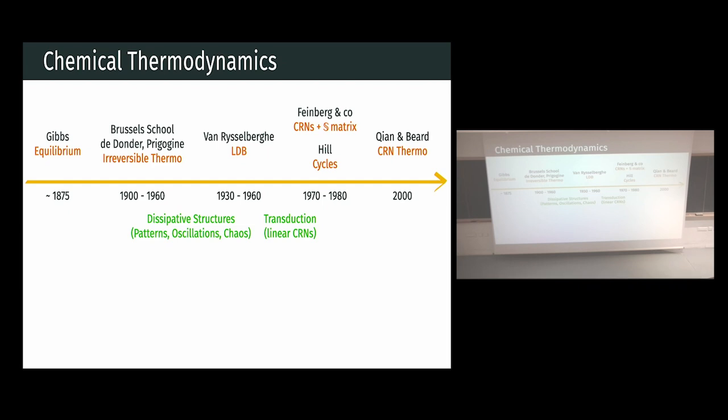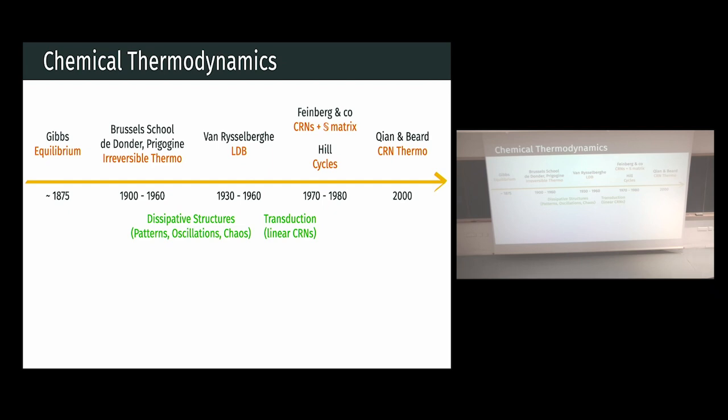So the existence of functions telling you which kind of behavior we will observe given a network of reactions. And also the notion of cycles, sequences of reactions that maybe create some complex result, was developed around that time. And it's only at the beginning of the 21st century that people started grabbing all these tools, the stoichiometry and the notion of cycles, and using them in the framework of chemical thermodynamics.